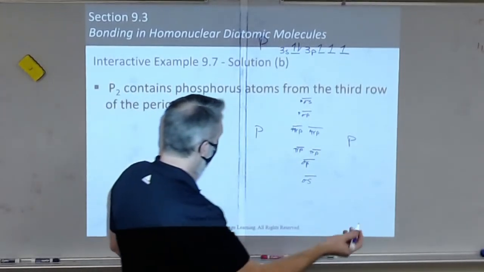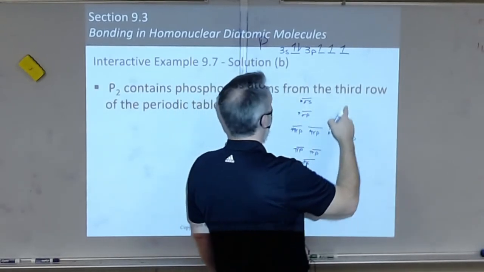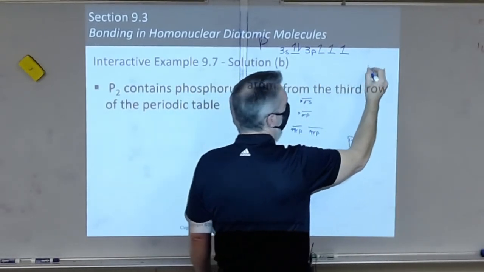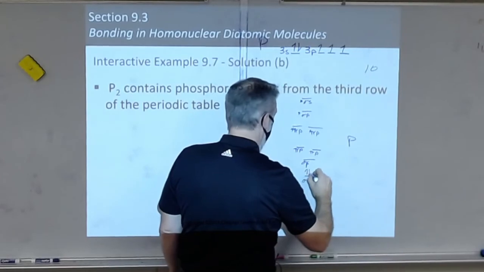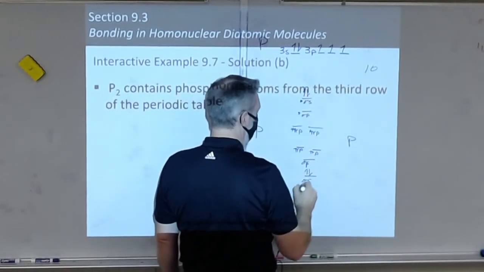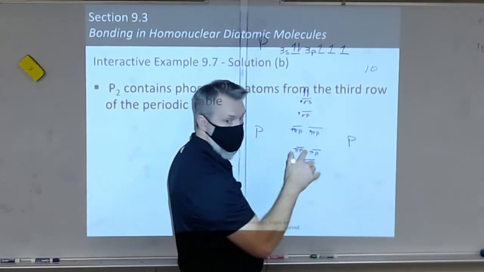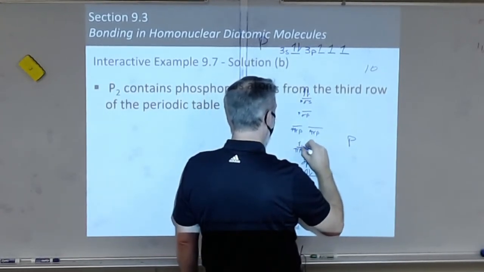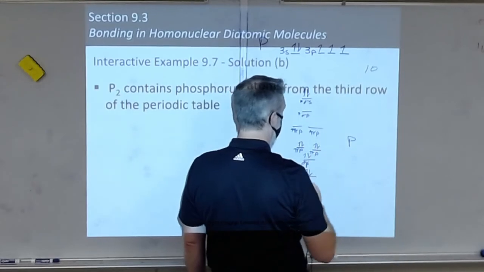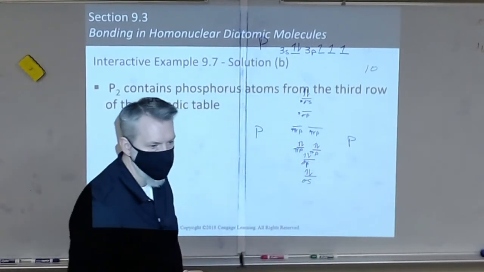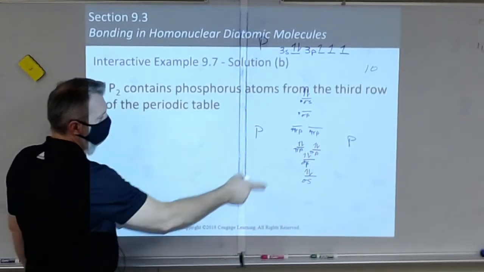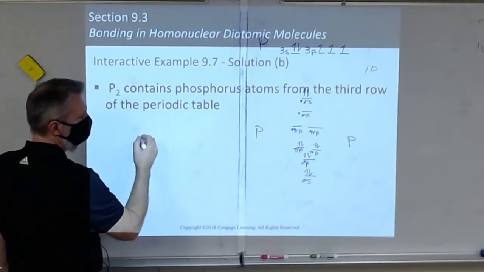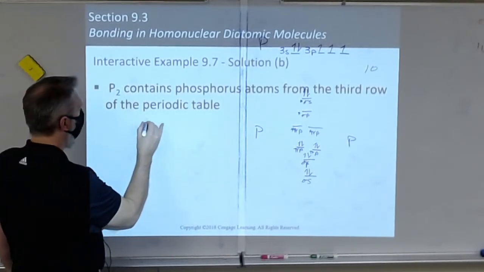All right, so here we go. How many total electrons do I have between them? I got 10. Let's go ahead and do it. Up, down, up, down. That's 4. 1, 2, 3, 4, 5, 6. Is that right? All right, cool. How many bonding do I have? I have 8.